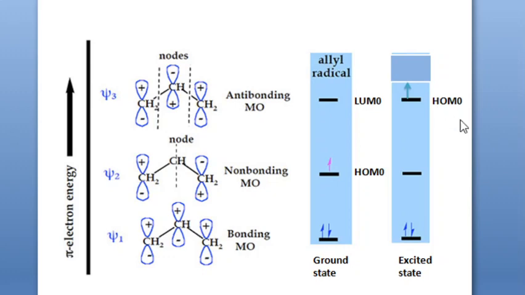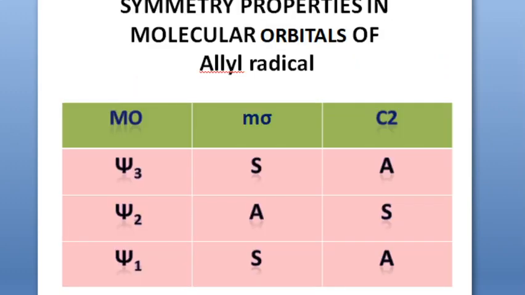That you should keep in mind in the case of excited state or in photochemical condition. When one of these electrons jumps from psi2 to psi3, this becomes your HOMO, that is psi3 with 1 electron. Okay, so just to sum up, in the case of allyl radical, molecular orbitals are psi1, psi2 and psi3.